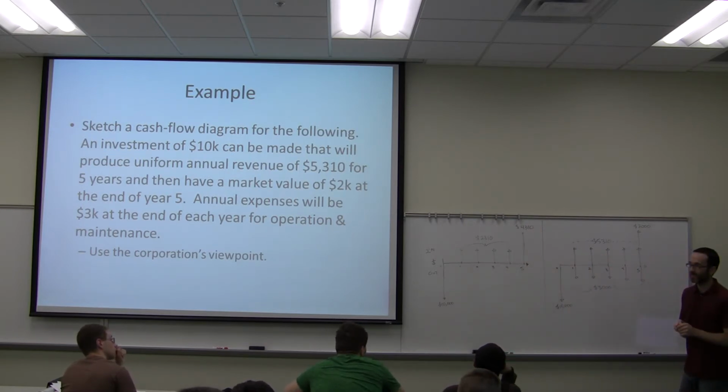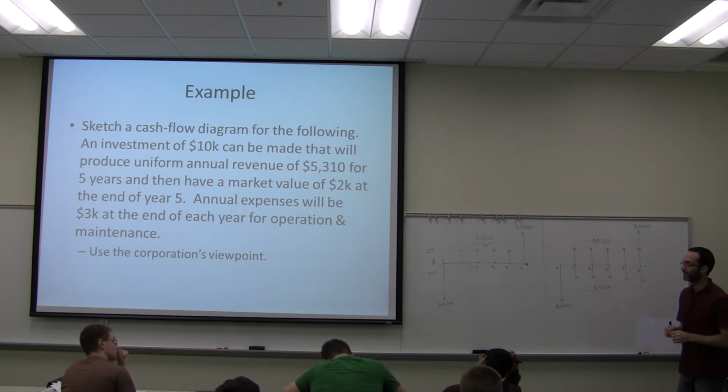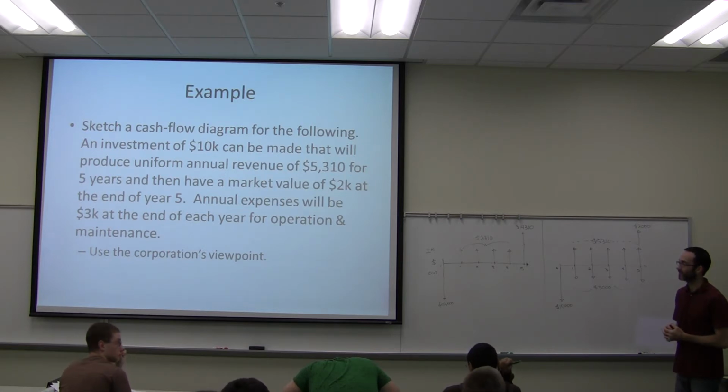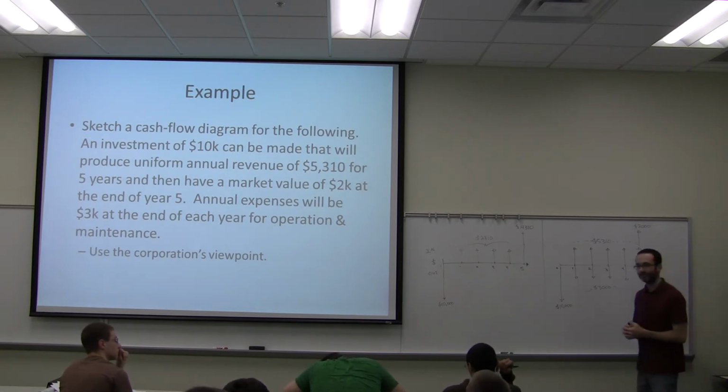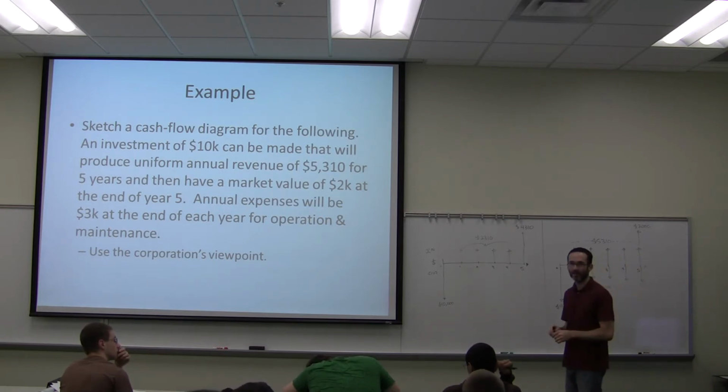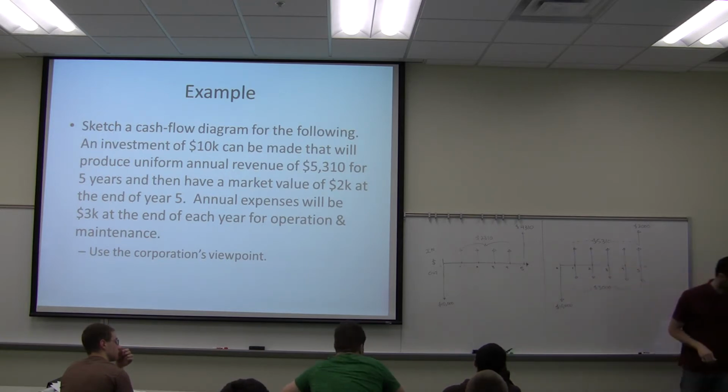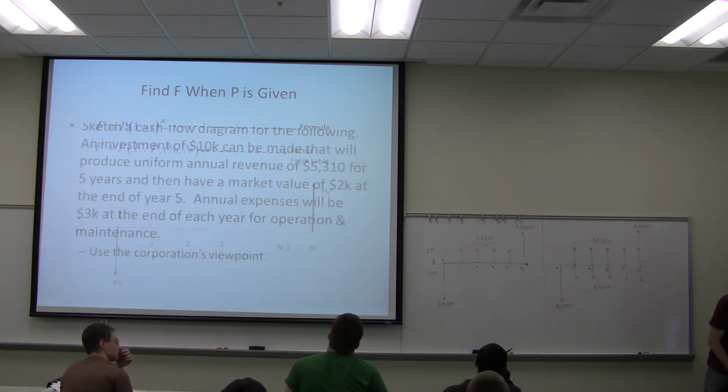Does everybody see this? It seems pretty easy, but there can be some really complicated cash flow diagrams, and so it's a little bit like Sudoku, you know, like it's a puzzle trying to figure out how to put all of the pieces of the word problem into a cash flow diagram. You're going to get really good at it over the next couple of lectures.